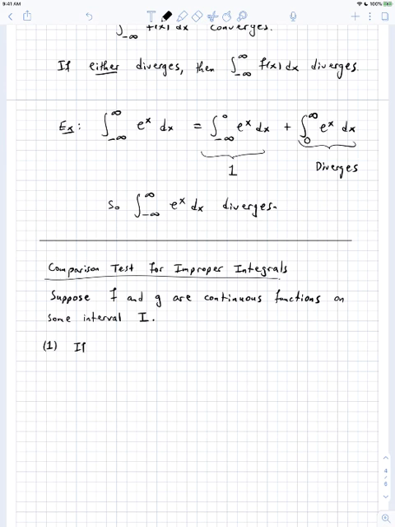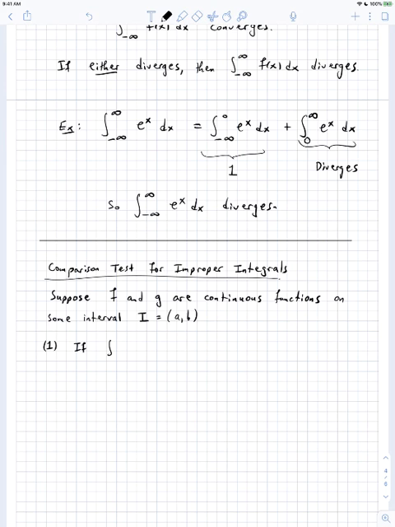So if the integral, well, let's call this interval, let's say, from a to b. So suppose f and g are continuous functions on some interval from a to b. We don't know if they're continuous at the endpoints. These are improper integrals. So they might be continuous at one endpoint, or they might be discontinuous at both endpoints.